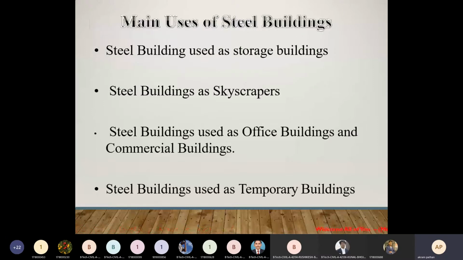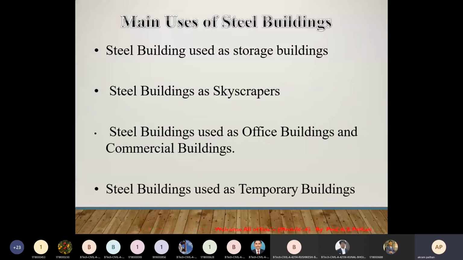Then the main uses of steel buildings. Generally, steel buildings are used as strong buildings. For example, in modern days we can construct residential buildings, commercial buildings, or industrial buildings, or even bridges, flyovers, or high-rise buildings with the help of such advanced technology, that is, steel building construction.